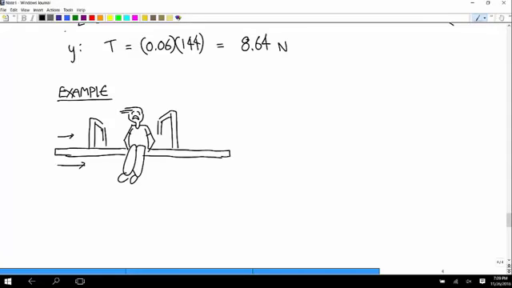Okay, so let's say that the kid has a mass of 15 kilograms. And let's say that the radius of the carousel is 2 meters.